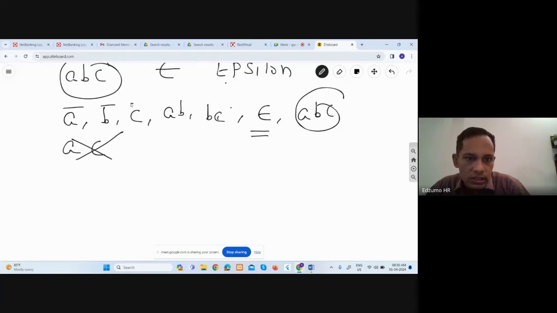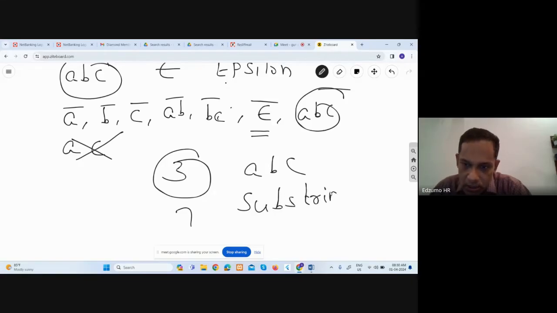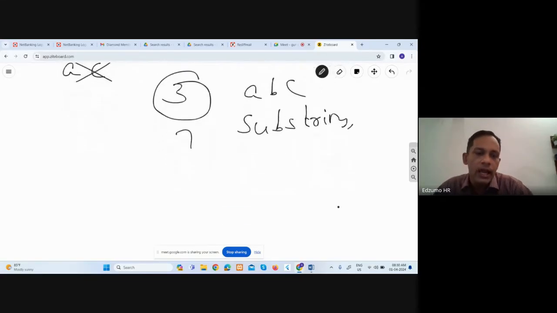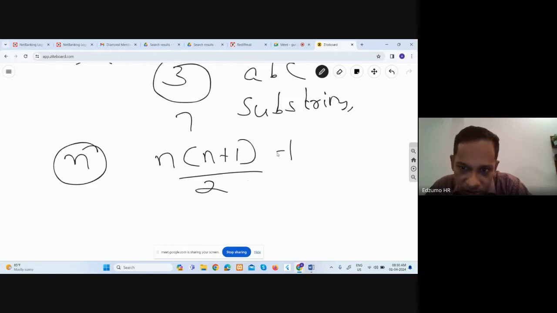Okay. So how many substrings are there now? 1, 2, 3, 4, 5, 6, and 7. So there are 3 characters in the string ABC, and you got 7 substrings. I'm going to teach you a formula. If a string is of length n, there will be n(n+1)/2 + 1 substrings.